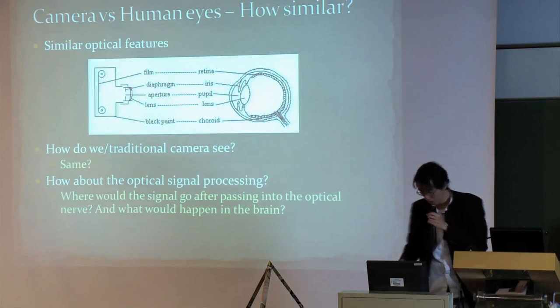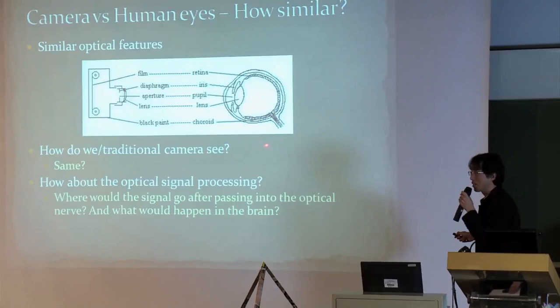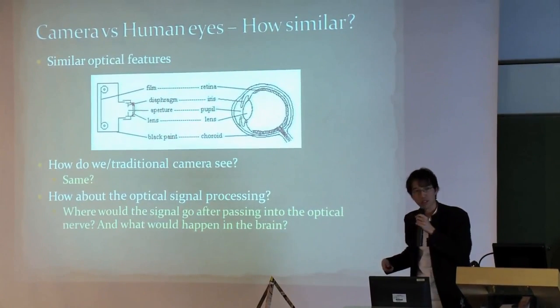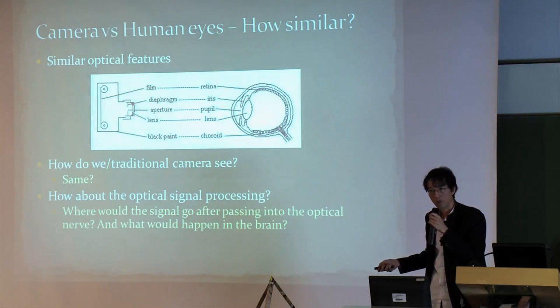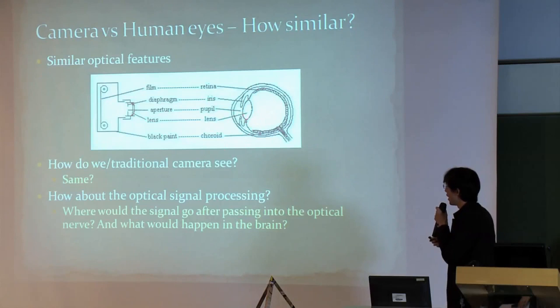Many of you have already learned this picture in your science class. In this picture you are told that the camera works very similarly to our human eye: the lens corresponds to the lens, the diaphragm corresponds to the iris, and the film is just like the retina, which collects the light signal from the surroundings.